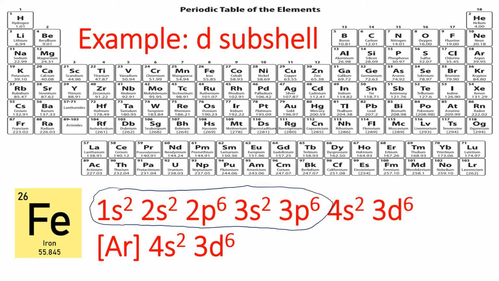So this whole thing here is your electron configuration of argon. Continue with what is missing until you complete the required electrons. So you'll have your 4s2, 3d6. Again, this is your condensed form. And this is your full form.